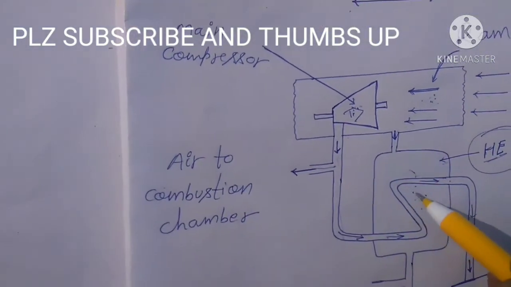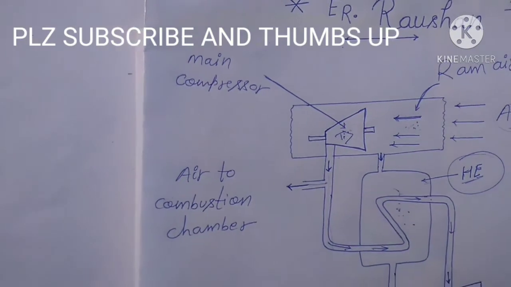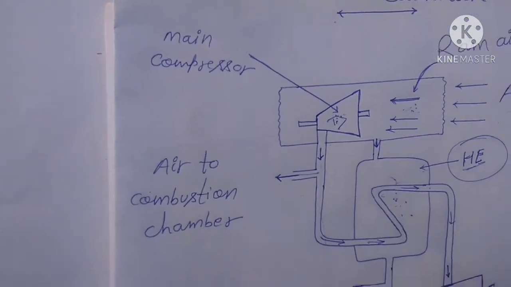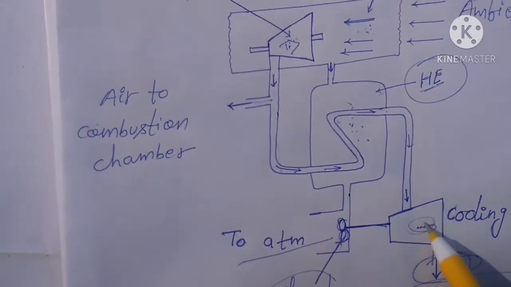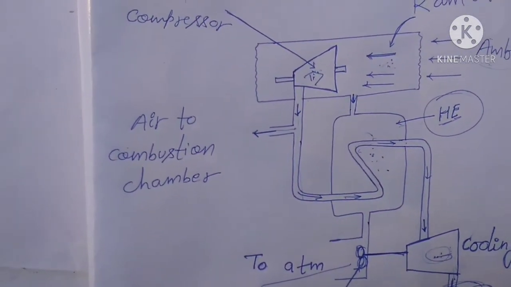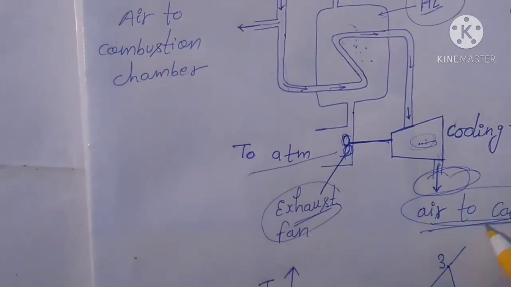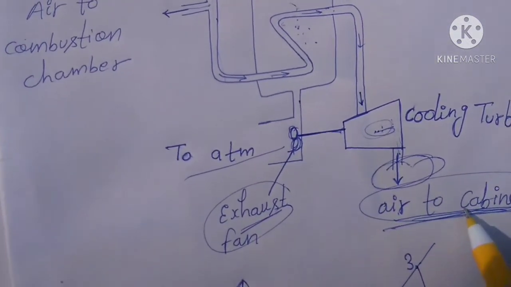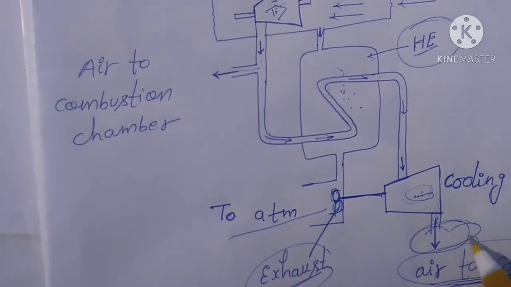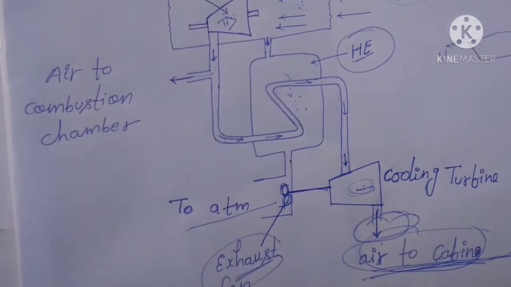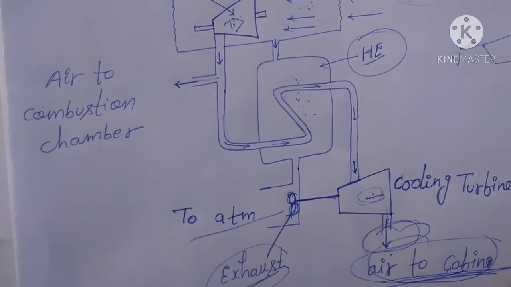The ram air has low temperature and the compressed air has higher temperature. In the heat exchanger some heat is rejected, and then the air goes inside the cooling turbine. After expansion, temperature and pressure go down, and then the air goes to the cabin. This cooling air is also used in freezing chambers or for food preservation.